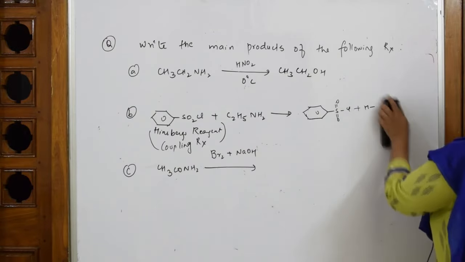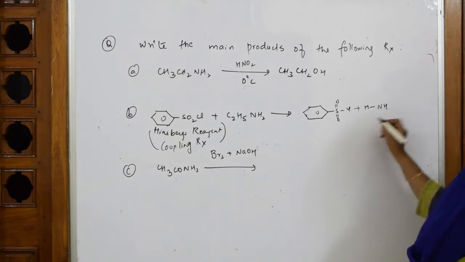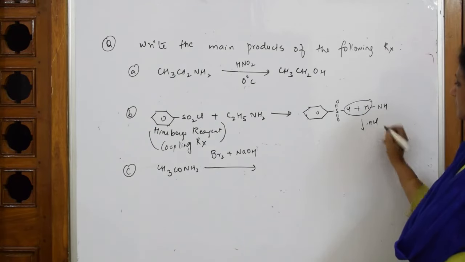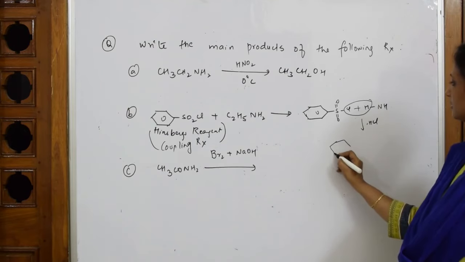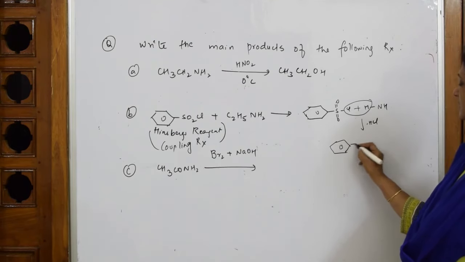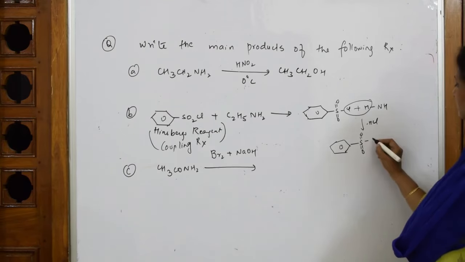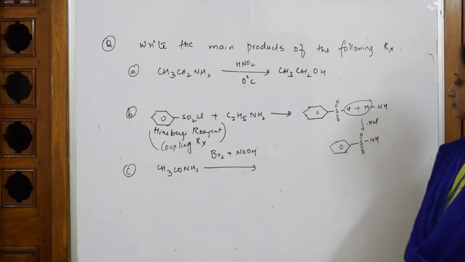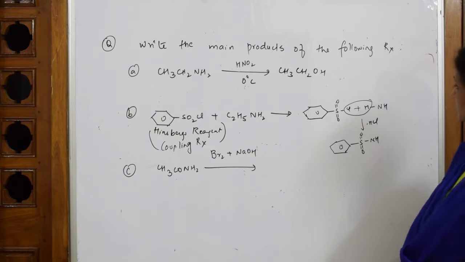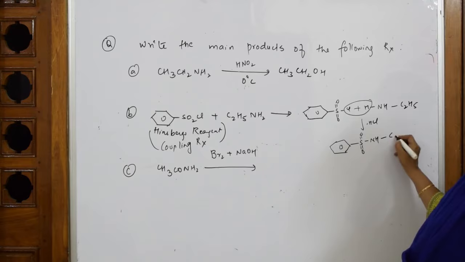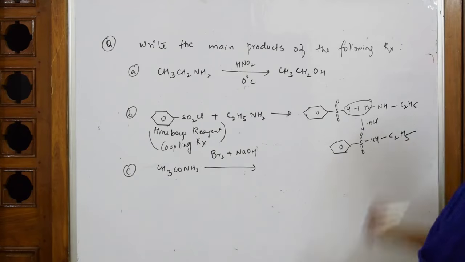Remove this, minus HCl. What do I get? I'm going to get benzene ring with SO2 and NH. There is C2H5 also, isn't it? So I should not forget that C2H5. This is your product.